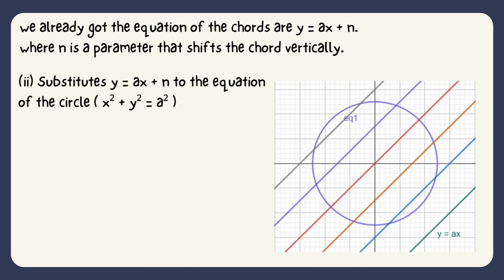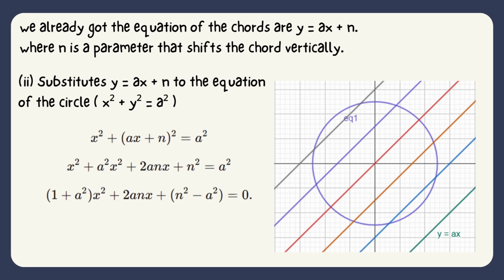Step 2. Substitute y equals ax plus n into the equation of the circle x squared plus y squared equals a squared. So we substitute and we get x squared plus (ax plus n) squared equals a squared.